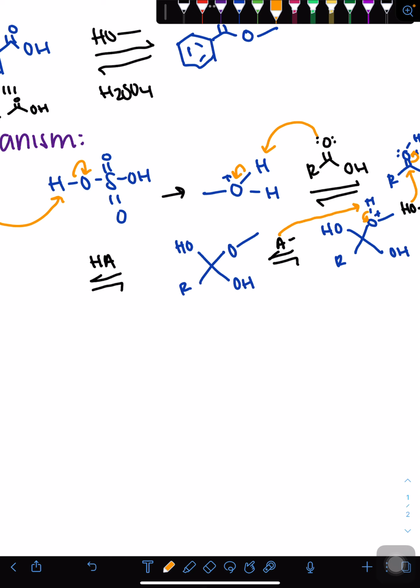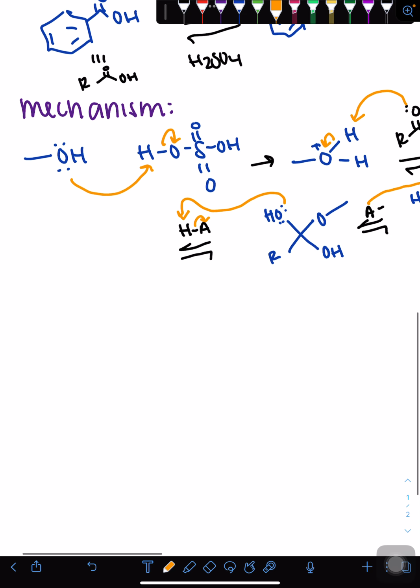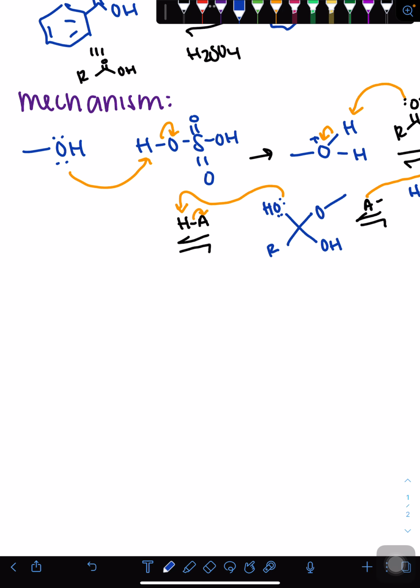and now this oxygen, because it still has lone pairs, is going to attack the hydrogen, and then that bond is going to go back to the acid. We're going to get, sorry, an OH here.